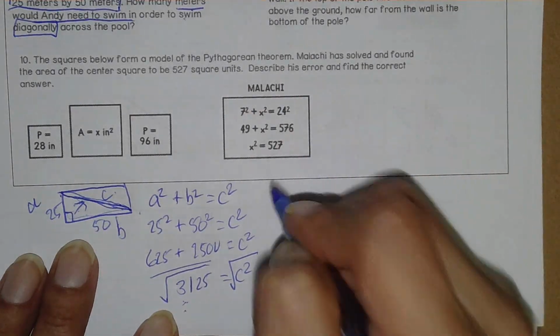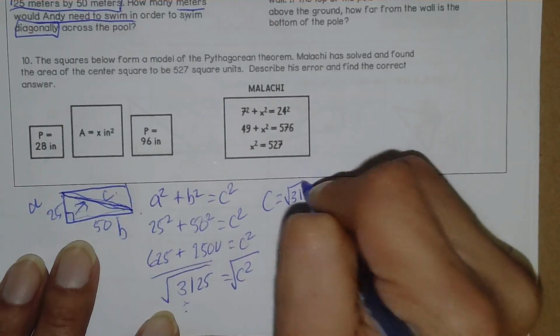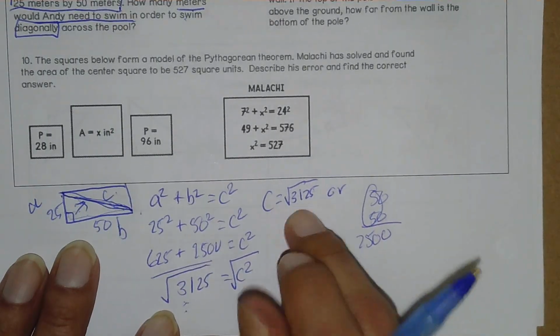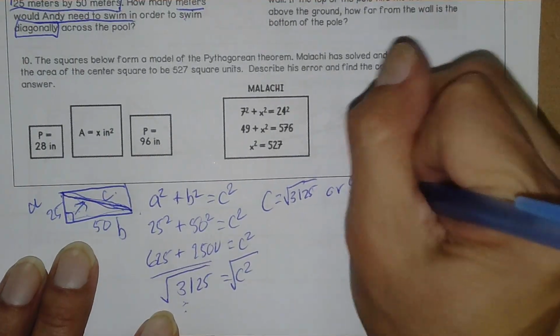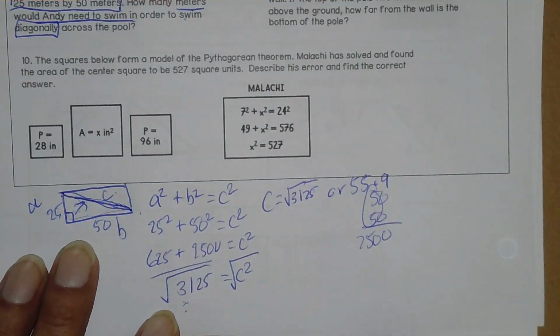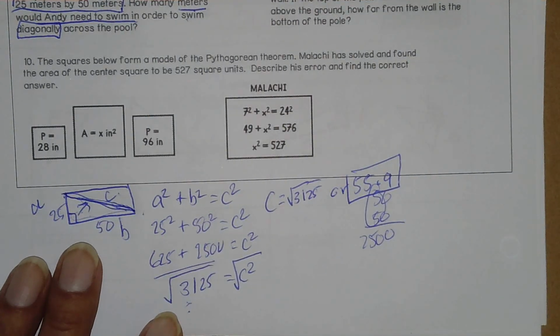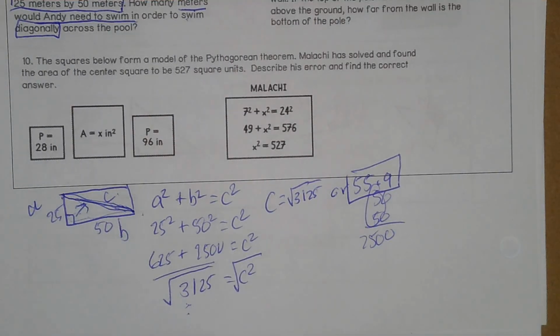So both of my answers could be C equals the square root of 3,125, or when I calculate this, it should give me about 55 and 9/10. We either round to the nearest 10 or we round to the nearest 100. And that's how we figure this out.